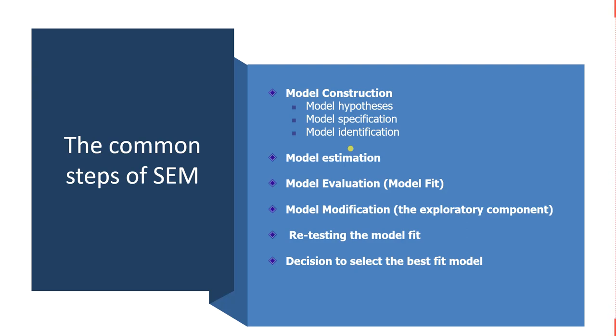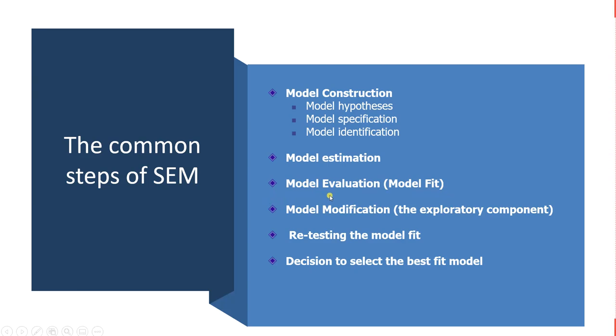And in my previous lecture, I have defined the three scenarios of structural equation modeling. One is strictly confirmatory. If it is strictly confirmatory, our step will be final model evaluation. If the model is fit, then we will accept the hypothesis, otherwise we will reject.